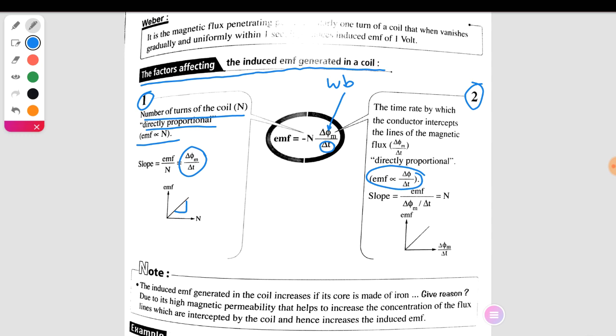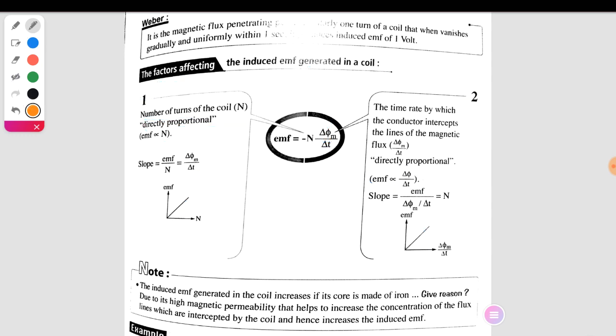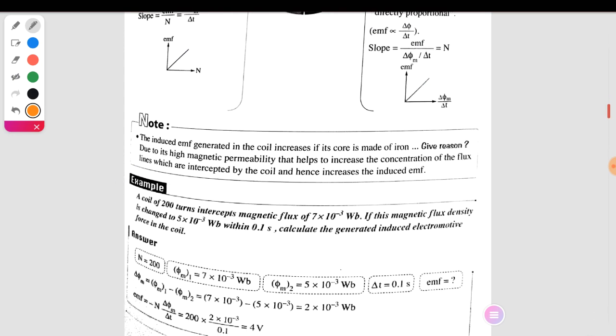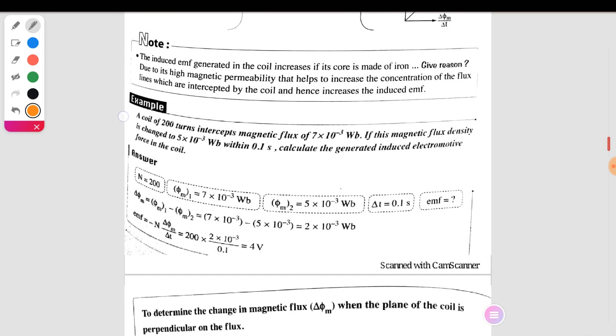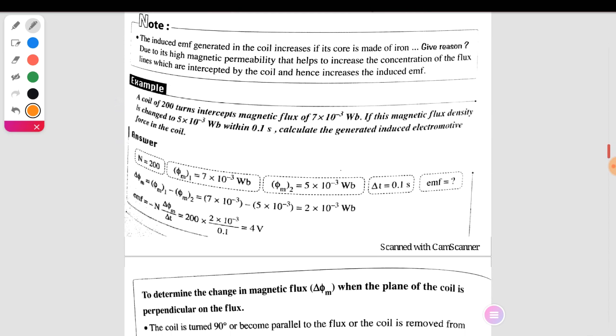This relation is represented by a straight line, and its slope equals EMF divided by delta phi M over delta T. This slope equals the number of turns of the coil. These are the factors.